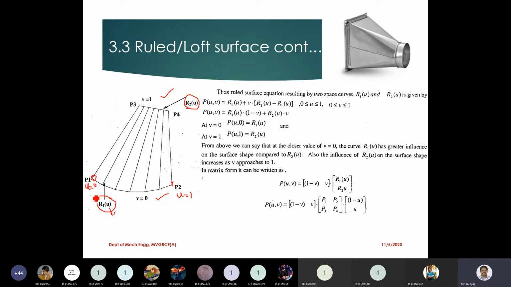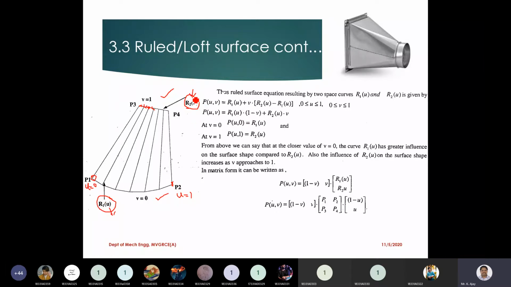Similarly, I can make use of the same u value, just varying u between the same minimum and maximum values, 0 to 1. Substituting in the other equation R2 of u, which comes from P3 and P4, I can get the corresponding points on the other curve. Its equation itself is totally different, but the only thing to understand here is that I am using the same u parameter.